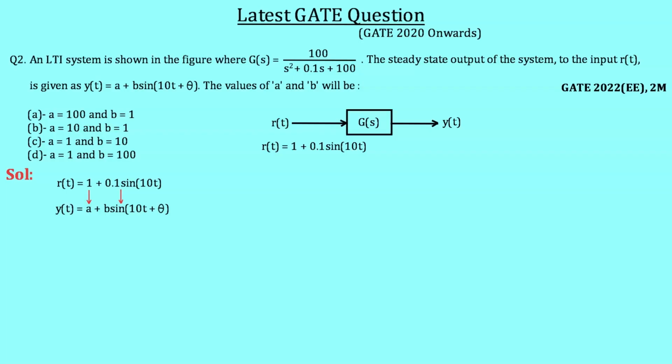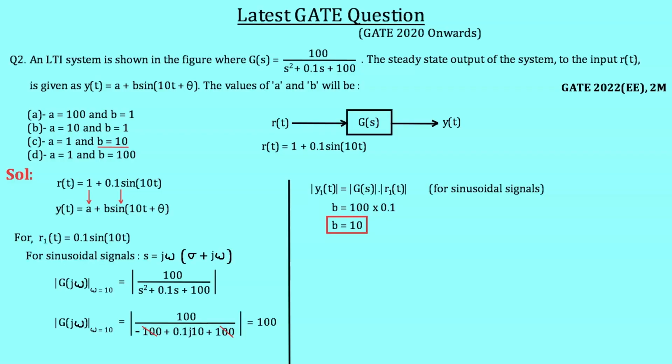And fortunately for you, in undergraduate level studies, LTI systems are considered mostly. Now we consider the sinusoidal signal. We know that for sinusoidal signals, we put the value of s equal to j omega by ignoring the damping factor sigma. The resultant magnitude of the transfer function when the angular frequency is 10 will come out equal to 100.